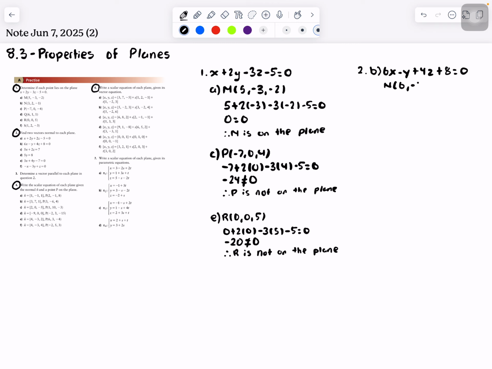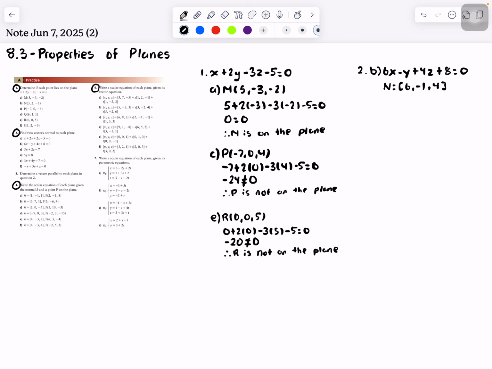That's 6, negative 1, 4. You ignore that d value. That's one normal. You probably have noticed I did not put square brackets. That's important. 6, negative 1, 4.